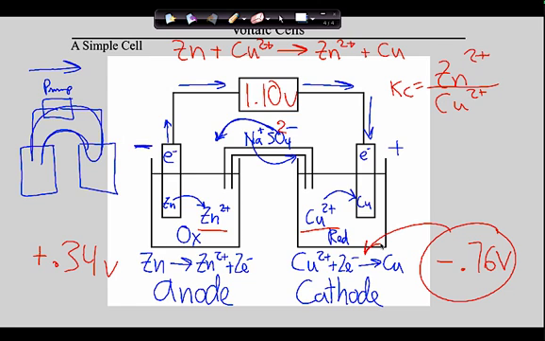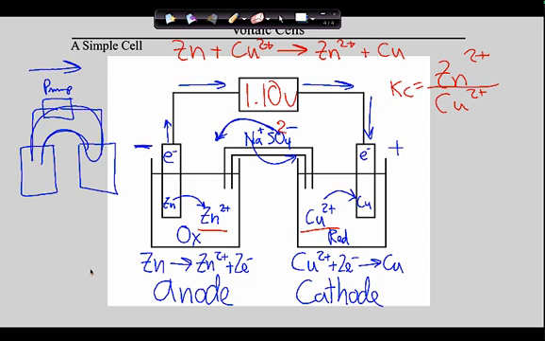Oh, did I seriously? Sorry, that would really screw us up. Let me just erase. Okay, here we go. So this is negative 0.76, and this one again is plus 0.34.